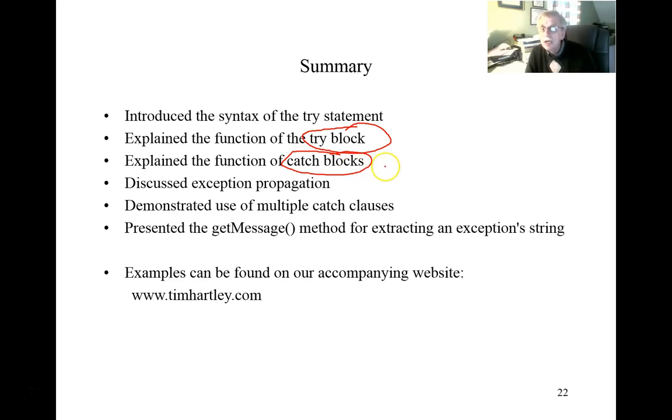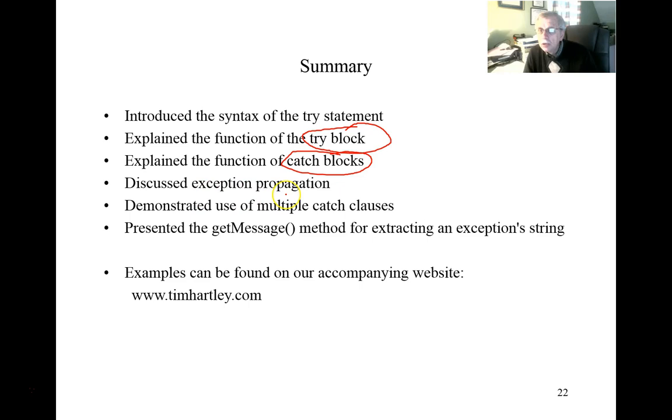In the associated catch block or catch blocks, we have code that will deal with different exceptions that could be thrown. So we catch an exception based upon the name of the exception, and that's the exception that the corresponding code is prepared to deal with. Should we have an exception thrown for which there's no corresponding catch block, it's considered an unhandled exception.